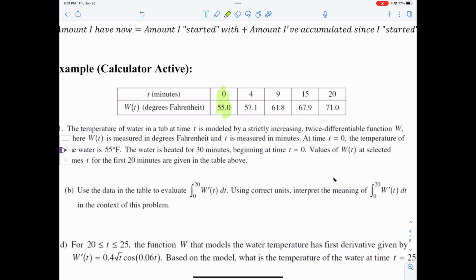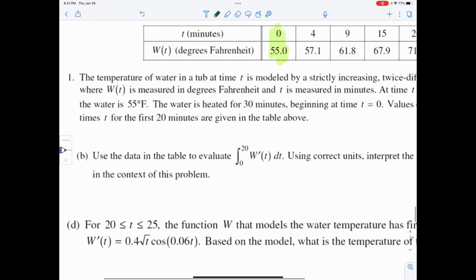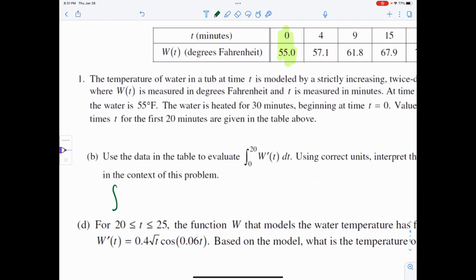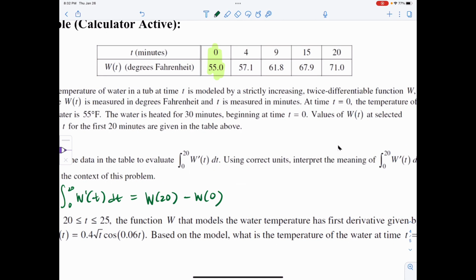So when we integrate from 0 to 20, if we think about our fundamental theorem of calculus, the integral from 0 to 20 of W prime of t dt would be equal to W of 20 minus W of 0, which is the temperature at 20 minutes minus the temperature at 0 minutes. So it's going to tell us what the change in the temperature was over those first 20 minutes.